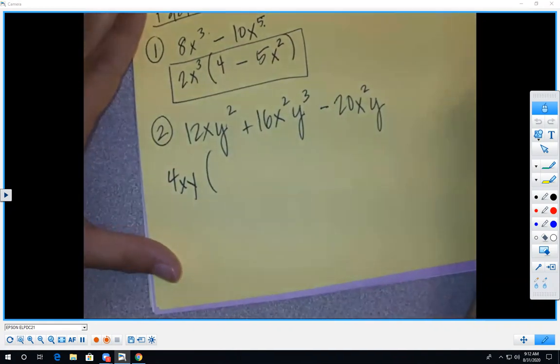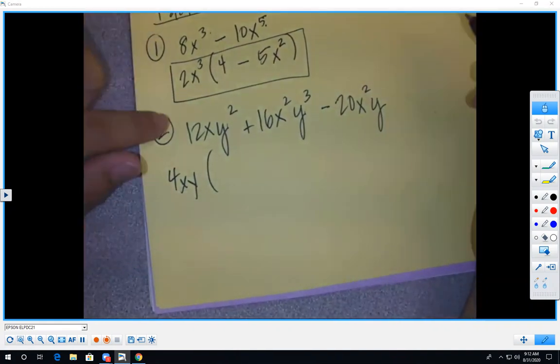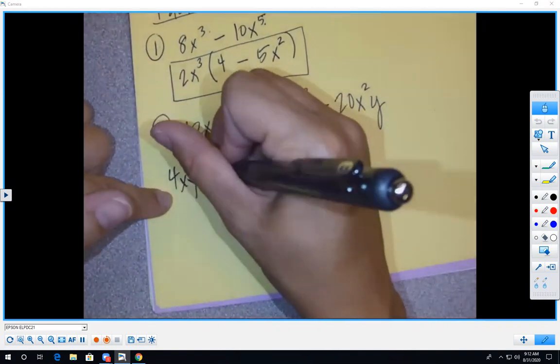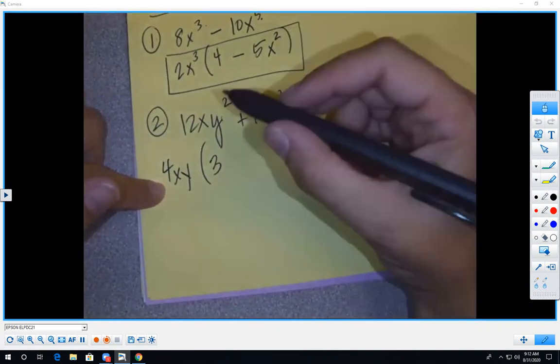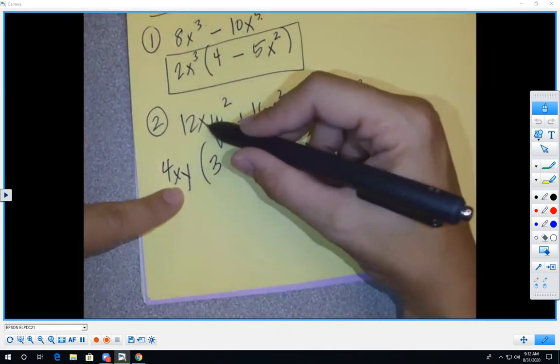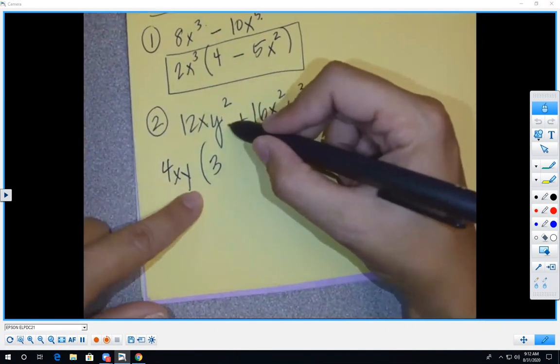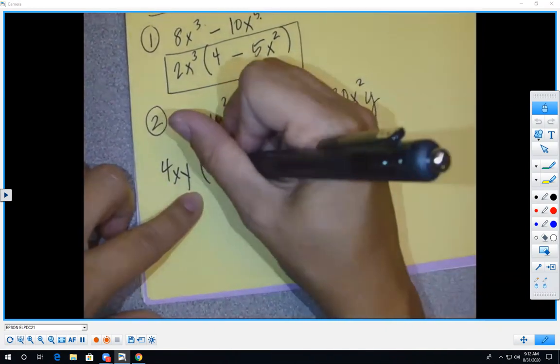When I pull that out from each term, 12 divided by 4 is 3. I had an x, I pulled the x out. I have 2 y's, I pulled 1 y out, so what's left over? 1 more y.